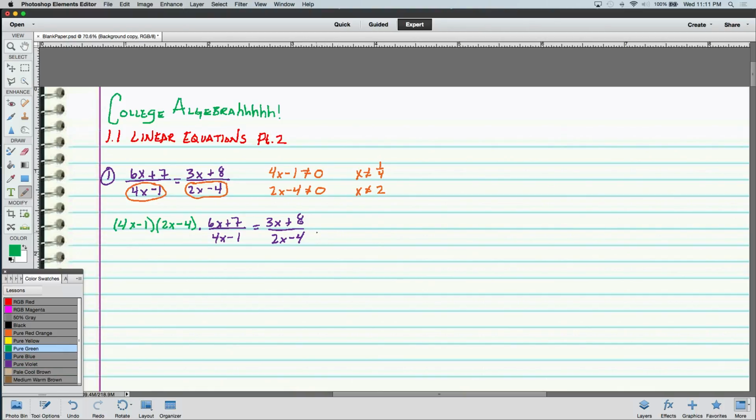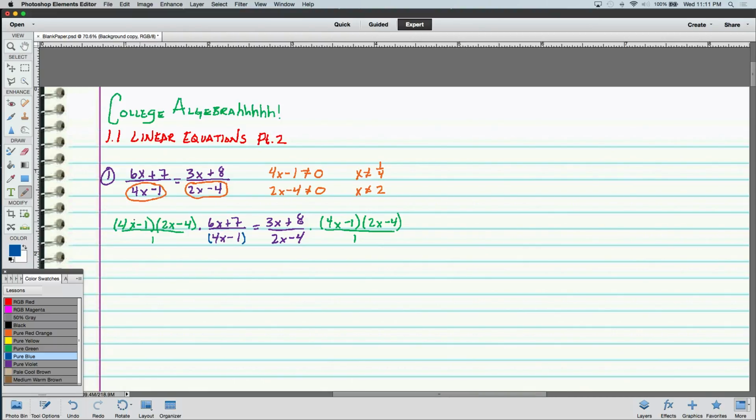And remember, what you do to one side of the equation, you have to do to the other. 4x - 1 times 2x - 4. And remember, these things right here are all over 1. So now we multiplied by the least common multiple.